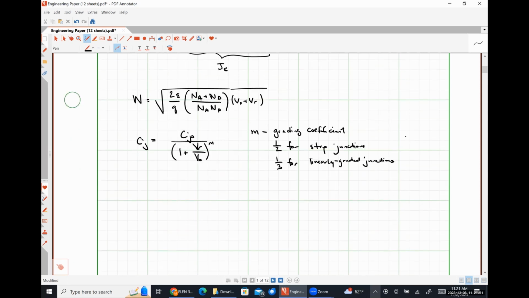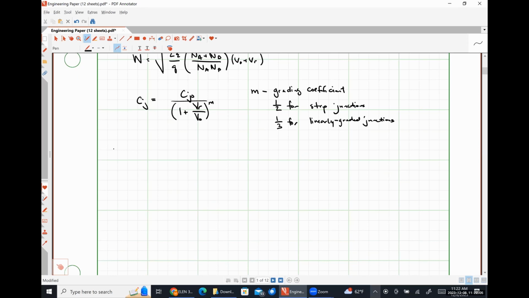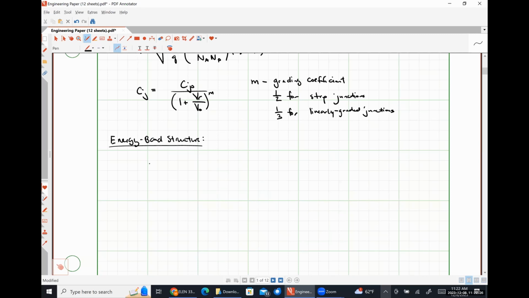Let's talk very briefly about the energy band structure of a reverse biased junction so that we can talk about the two different breakdown mechanisms, and then we'll be done. I'm going to draw kind of an approximation for the crystal up here.